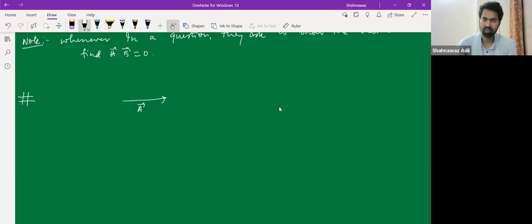Let's say I have drawn it like this. So this is A. Let me change my question: what represents the direction of this vector?